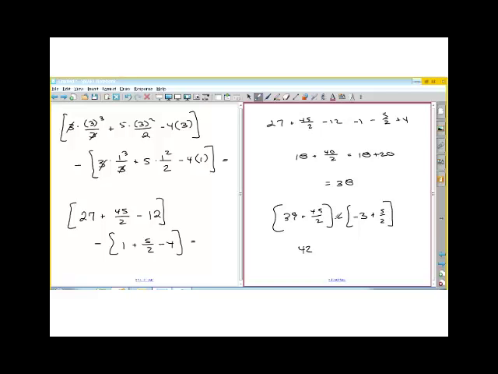I messed something up there. It's because 27 minus 12 is 15. Then I could take 15 plus 3, which would be 18. Then 45 minus 5, which would be 40 halves, which is 20. 18 plus 20 is 38. I like the first way better because I'm messing up the second way.